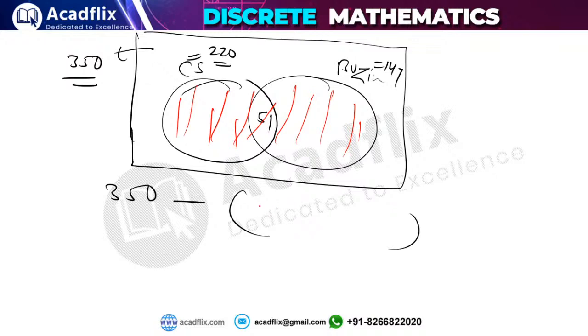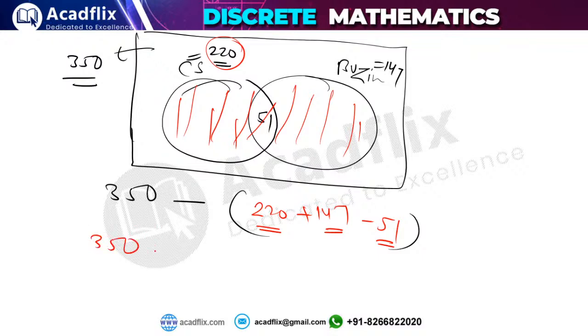How many applications are there in this red area? You have 220 plus 147. But remember, these 51 are common, so you have counted these 51 two times. So you need to subtract them one time. So this will be your answer.